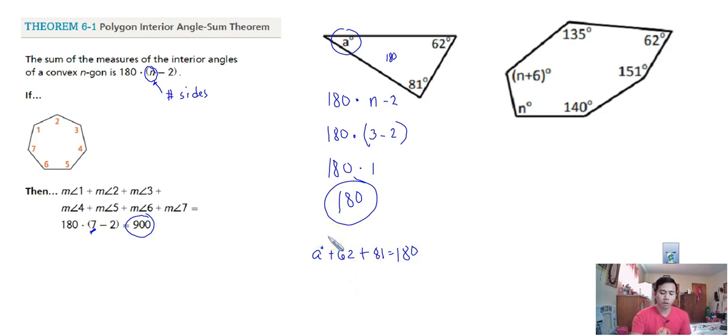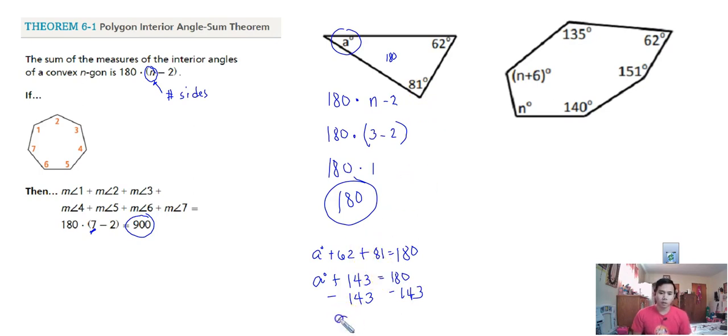So a plus 62 plus 81 is equal to 180. Adding 62 and 81 gives us 143. So a plus 143 is equal to 180, and I'm going to subtract 143 from both sides, which gives us 37.